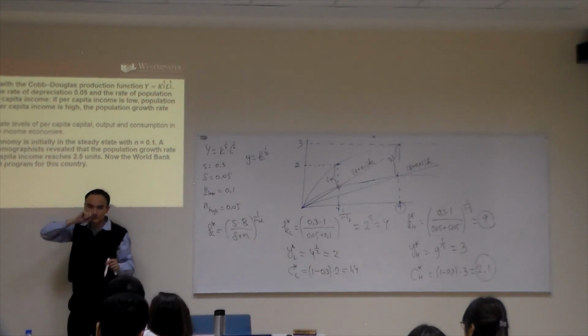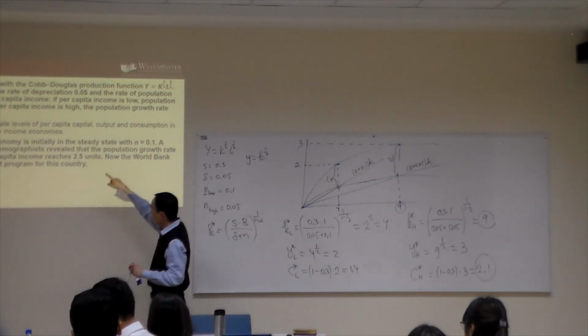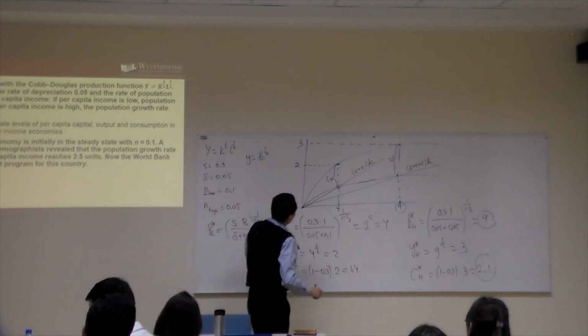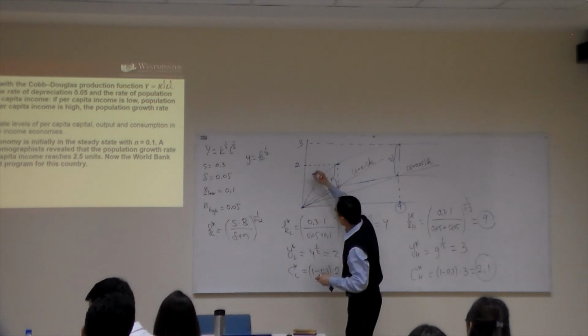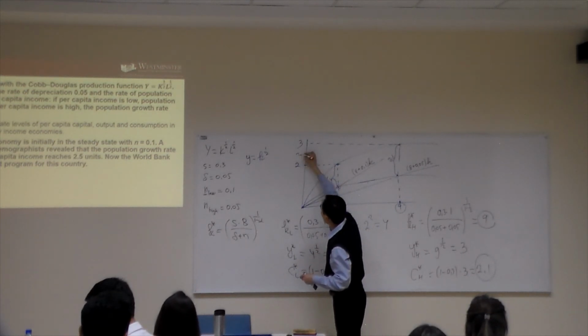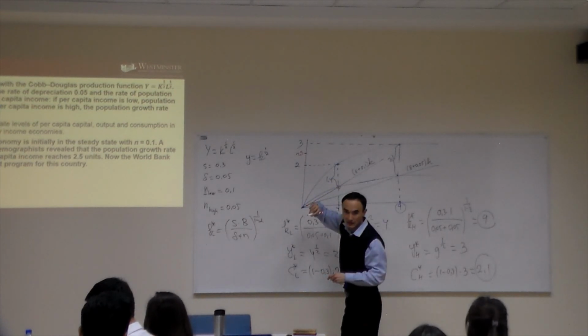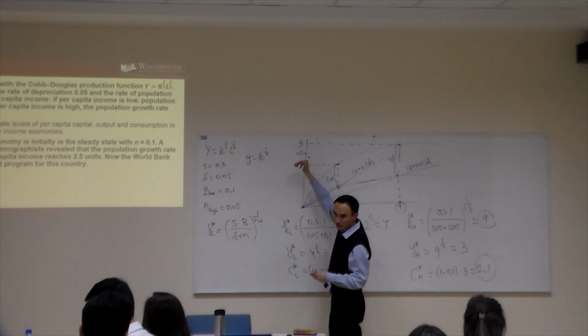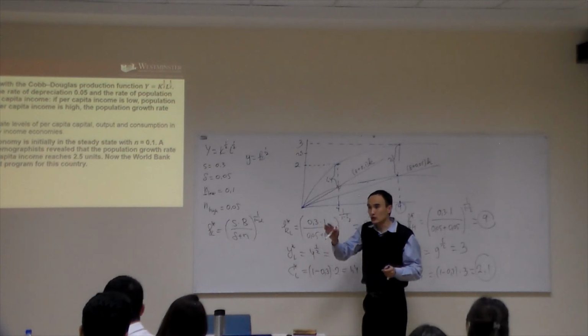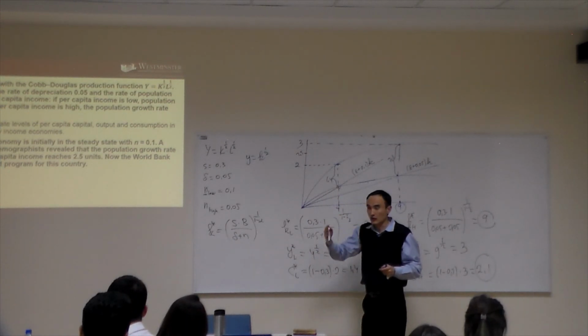According to that research, if output for low-income countries reaches 2.5 units, people automatically reduce their birth rate by 50%.